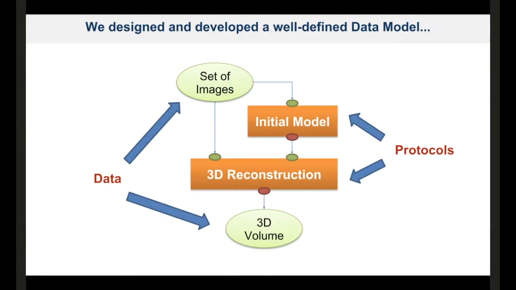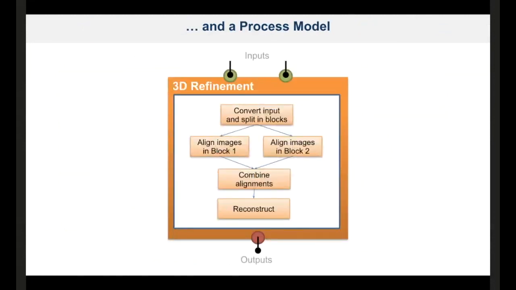But having this model allows us to define all of these steps in a more workflow-oriented manner. We did the same with the protocols. So we define a process model where a developer can focus on defining different steps while hiding the internals of these steps.